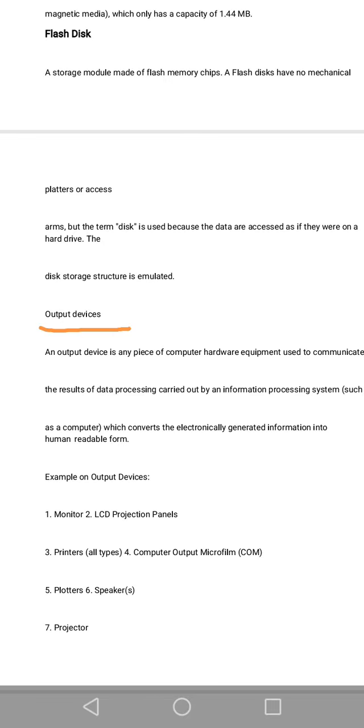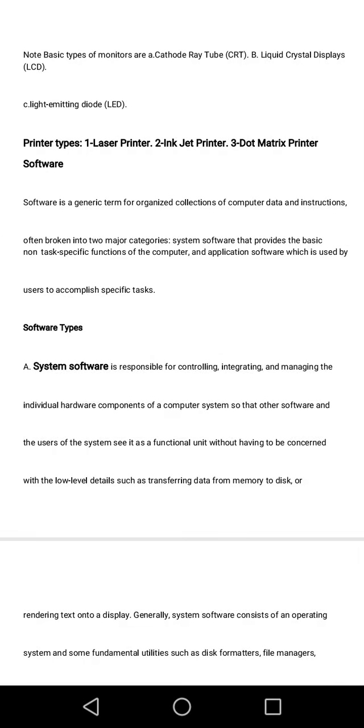A device that displays the output is called an output device, such as monitor, LCD, projection panel, printer, computer output microfilm, plotter, speaker, projector, etc.